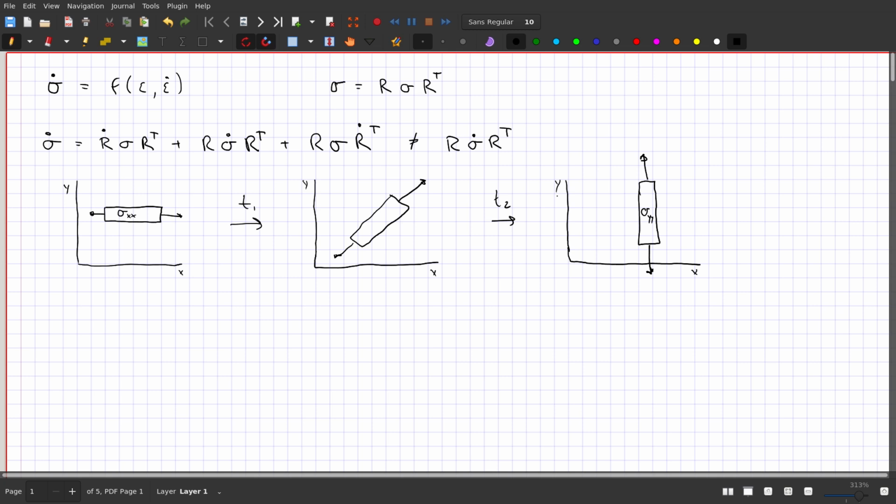Well, again, you remember the Cauchy stress lives in the current configuration. So if we rotate the stress, then the stress, which was initially in the x direction, is now in the y direction, right?